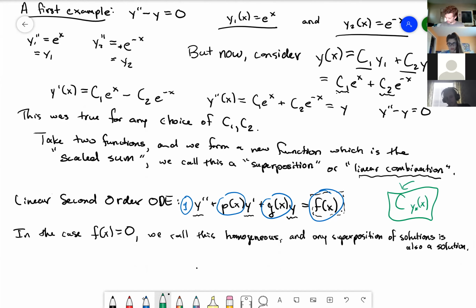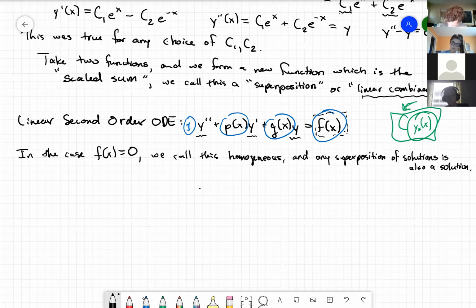So we had some solution, and then we had linear combinations of that solution, the scaled sums of only one thing. So it's a similar situation. The same thing works in higher order linear ODEs when they're homogeneous, but we won't talk about those right now. We'll come to that later.